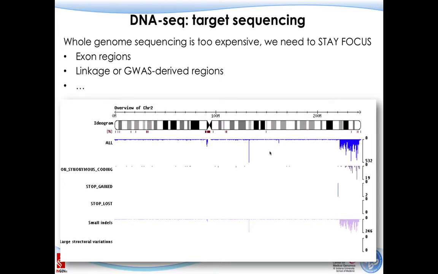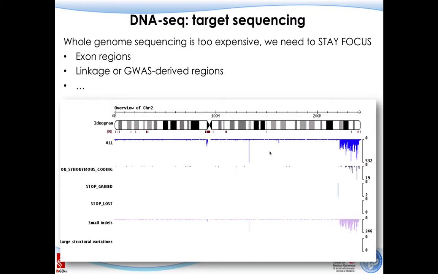So if we don't have enough resources to do whole genome sequencing, one way to do that is to stay focused, meaning to focus on the part of the genome that we know how to interpret. A starting point that most people take is, if I don't have the resources to sequence the entire genome, I will just sequence the exome region, because those are the regions that will become protein. And if they have a variant that changes the amino acid sequence, there is a chance it will possibly impact the phenotype.